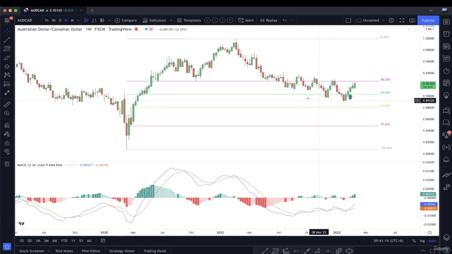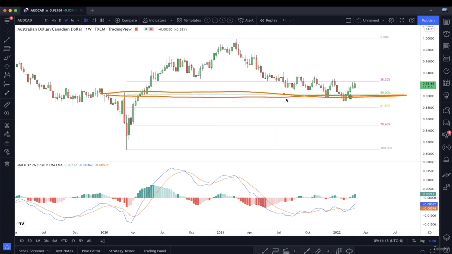So here, this is our support. We can see that the MACD or our momentum indicator is already forming a series of higher lows, right? That means that this momentum is weakening, and there's a possibility that we see a reversal.